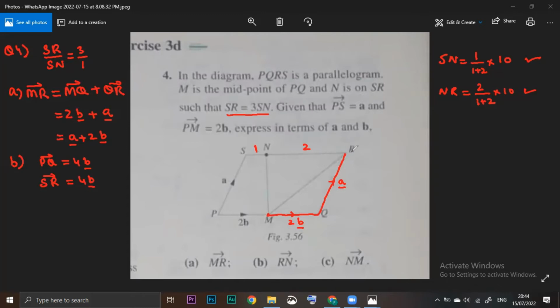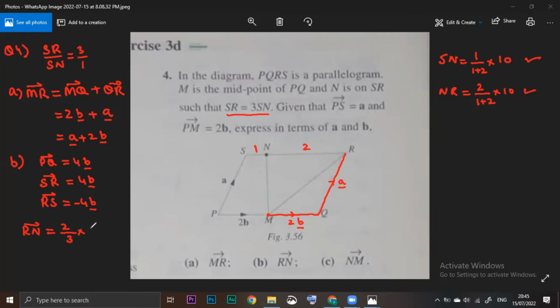Now RS is minus 4B. Now RN is equal to ratio over sum of ratios into total.